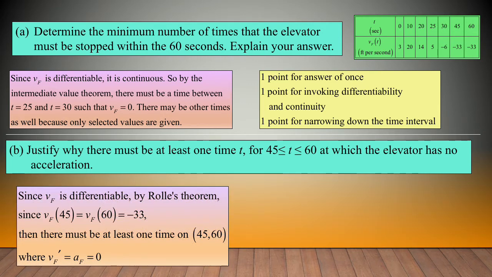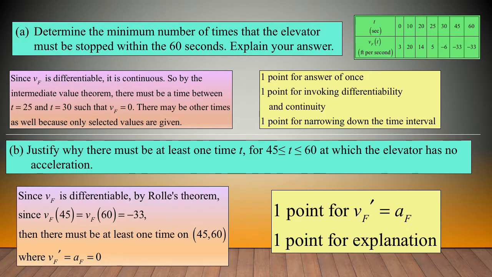Since v is differentiable, then by Rolle's theorem, since v of 45 is v of 60, which is negative 33, there must be at least one time on the interval 45 to 60 where v prime, which is a, has to equal 0. 2 points for this problem: 1 point for stating that v prime is equal to a, and then 1 point for the explanation. The explanation should use Rolle's theorem, or it could also use the mean value theorem.